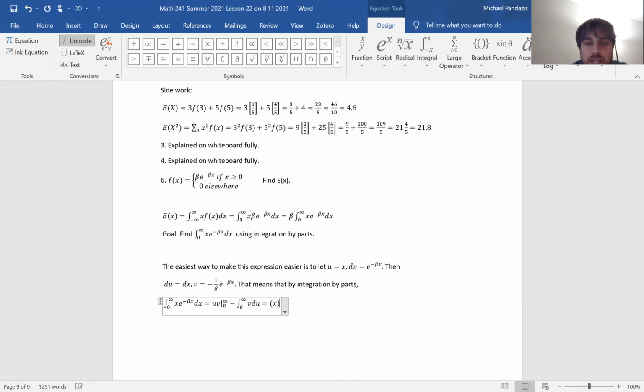So u is x, v is negative 1 over beta e to the negative beta x.